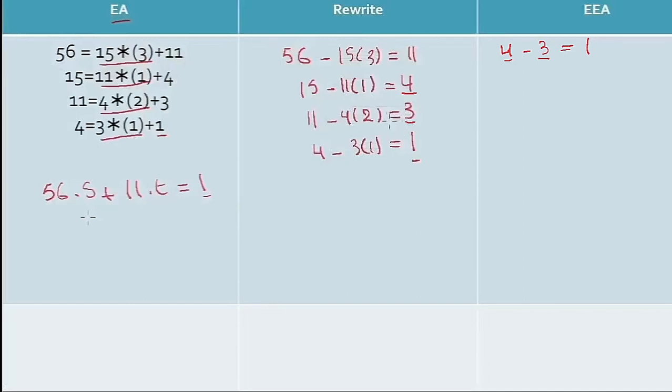We start from the rewrite, going step by step backward, substituting numbers. 3 is the first one we start to substitute, so we say 4 minus (11 minus 4 times 2) is equal to 1. We can simplify this. 4 minus 11 plus 4 times 2 is equal to 1.